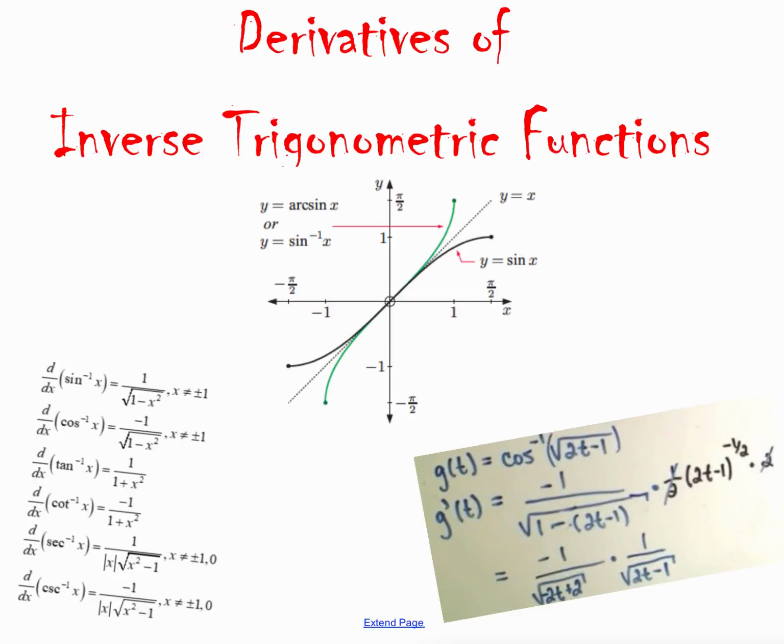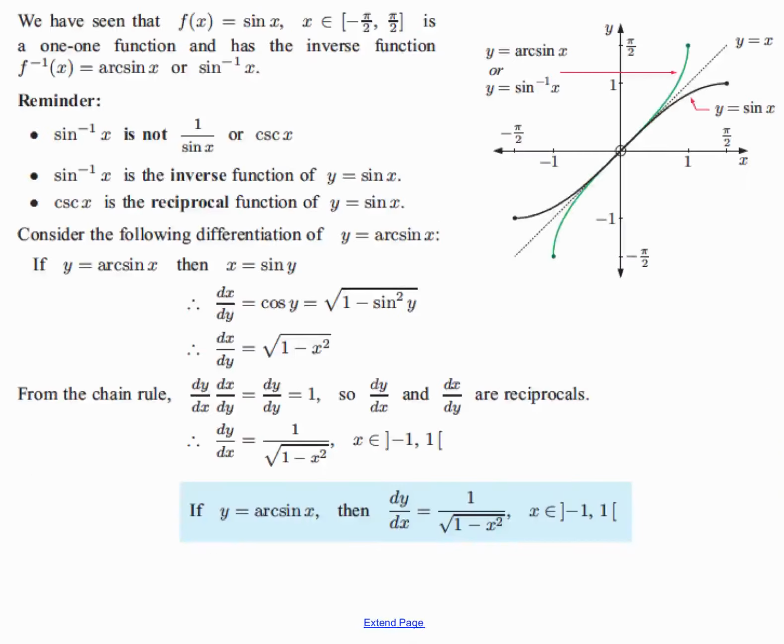Okay, so let's make sure that we know what inverse trigonometric functions are. Sine negative 1 x is not 1 over sine x or cosecant x. It is not that. Sine negative 1 x is the inverse function of y equals sine x. In other words, usually if I do something with sine, I'm saying, what's the sine of pi over 3?